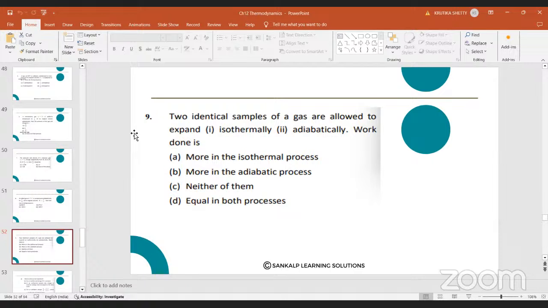Work done is more in the isothermal process, more in the adiabatic process, neither of them, or equal in both the processes. Yes. A, more in the isothermal process.